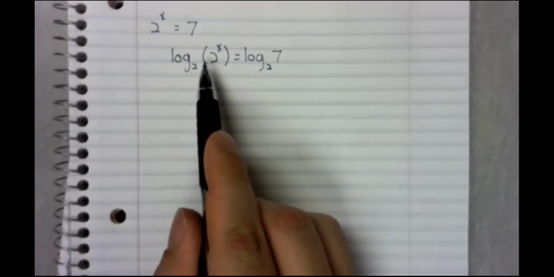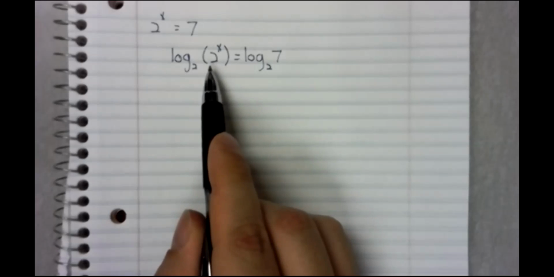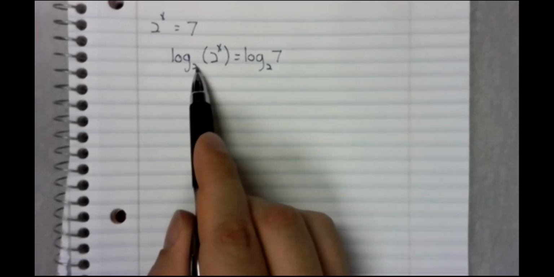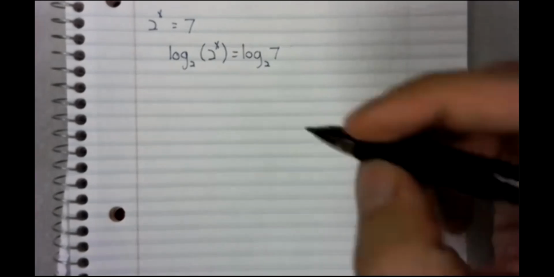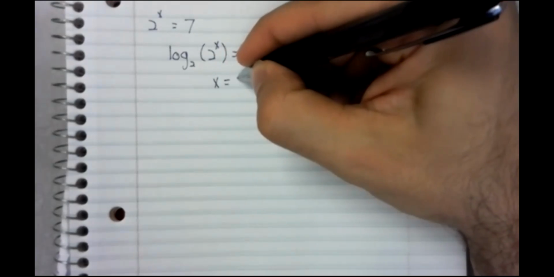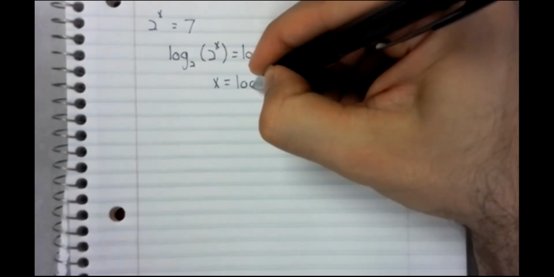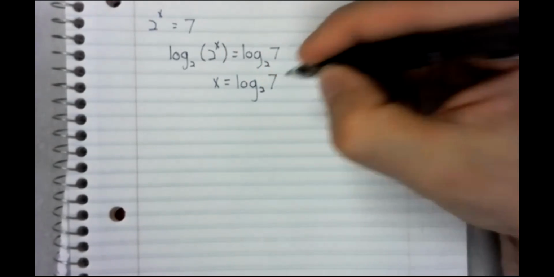And on the left, cancellation occurs. The logarithm base 2 and 2 to the x are inverses, and we get x equals the logarithm base 2 of 7.